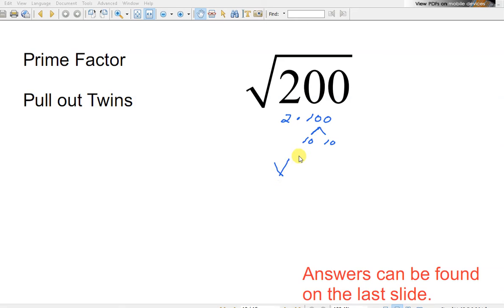So I have the square root of 2 times 10 times 10. Let's go find some twins. Those two guys are twins. 10 times 10 is 100. Square root of 100 is 10. Comes outside. These guys are gone. And I'm left with 10 square root of 2.